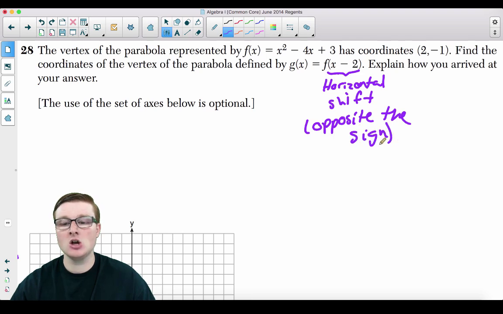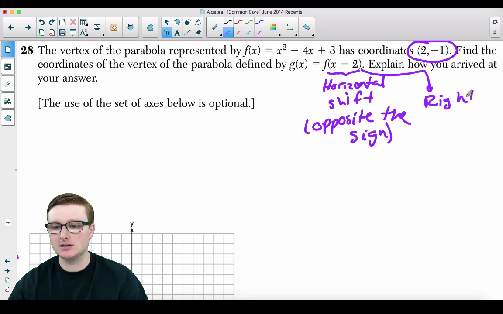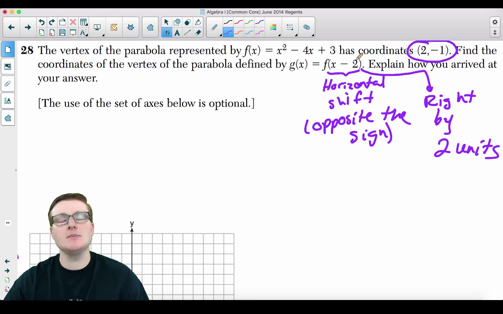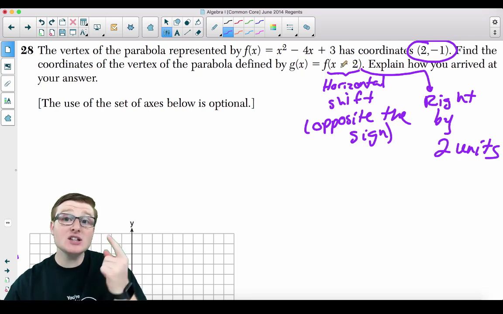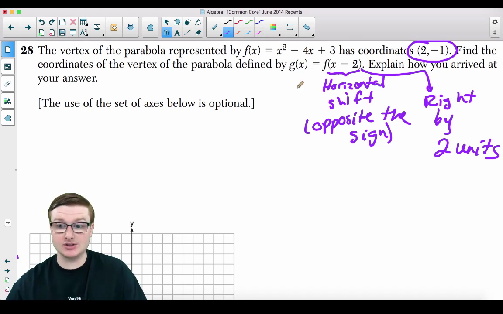So if they're telling you that f of x has the vertex 2, negative 1, and it's a horizontal shift opposite the sign, how many units to the left or to the right are we going? Well, we are going to the right by 2 units. Because if this is negative, you would think to go to the left, but we're actually going to the right by 2 units.